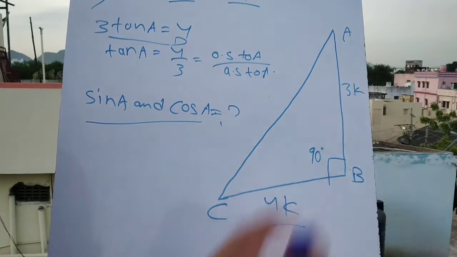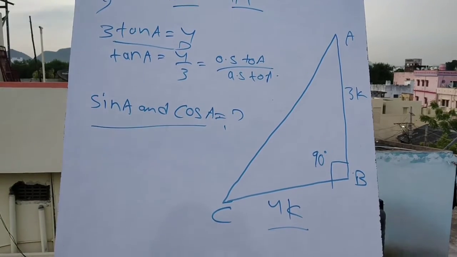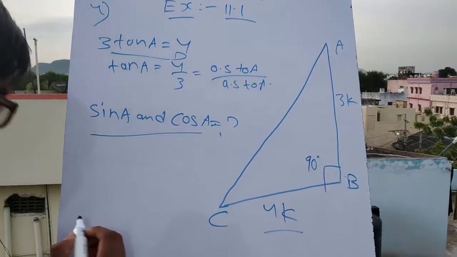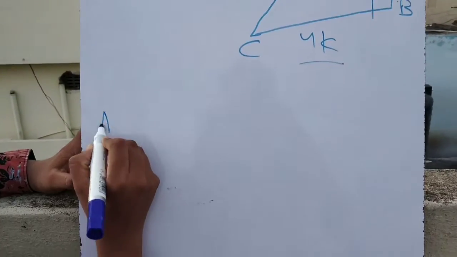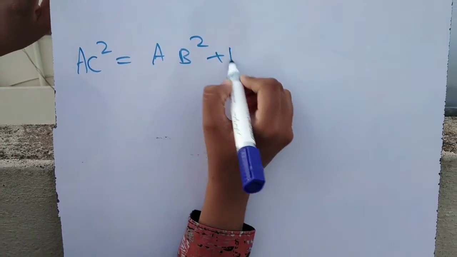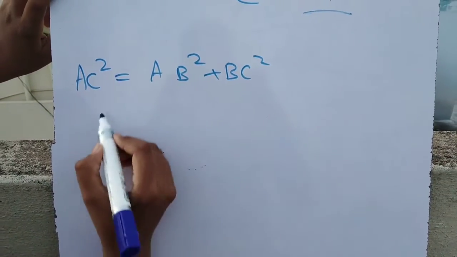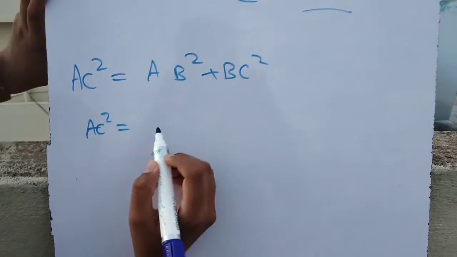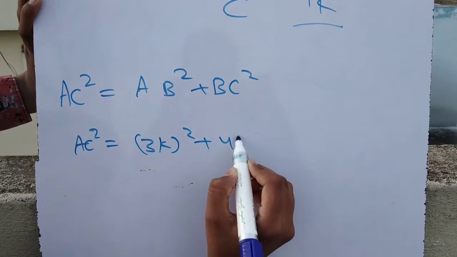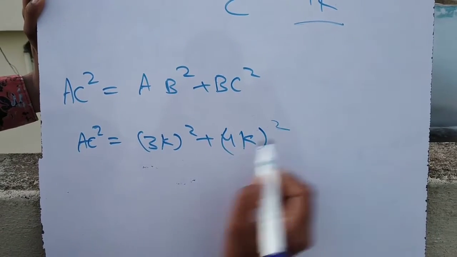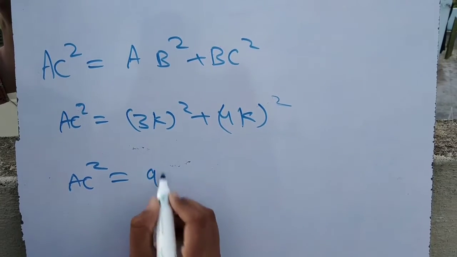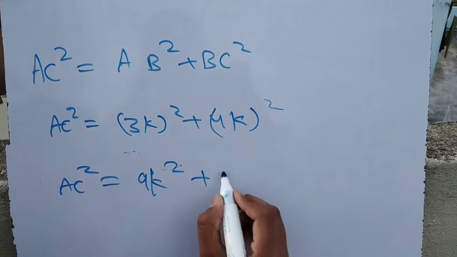And we have to find this side because in any sum we need to find all the 3 sides of a right angle triangle. Now we are going to use our Pythagoras theorem. AC square is equal to AB square plus BC square, which is 3K whole square plus 4K whole square. 3K whole square means 9K square and 4K whole square is equal to 16K square.